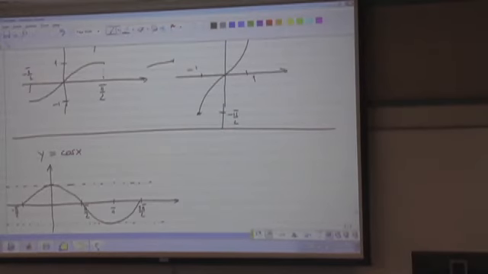And now again, this is not a one-to-one function, right? So what should we focus on? Zero to pi.